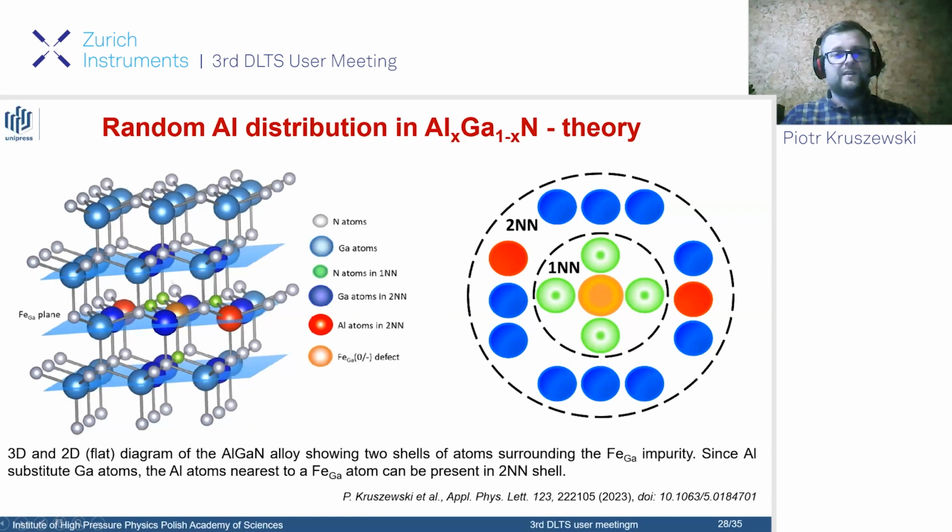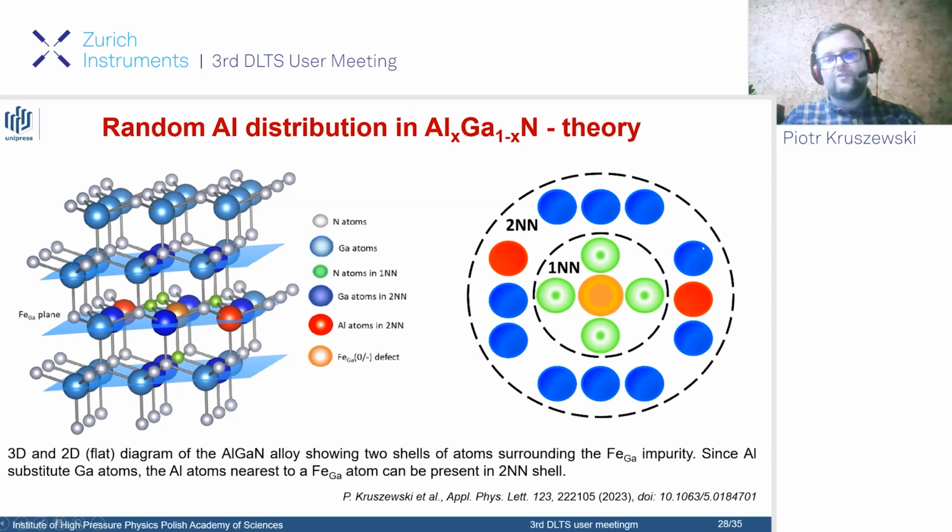Here is the 3-dimensional view of the structure, and we see different atoms. Here is the flat diagram, just to see it, it's much easier to understand.